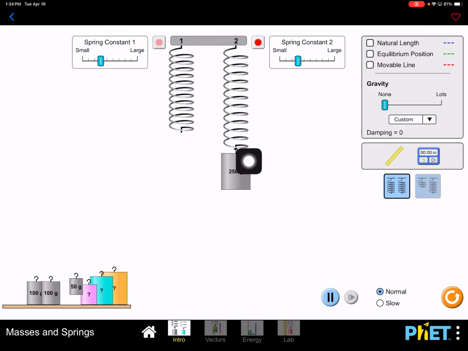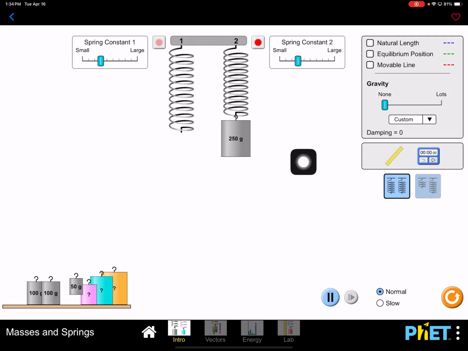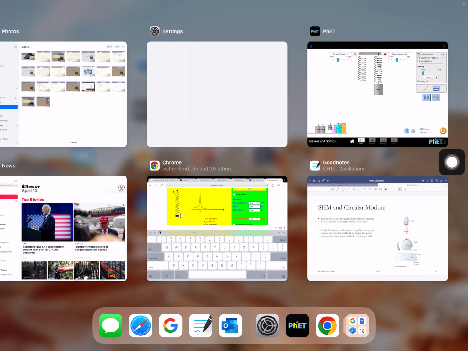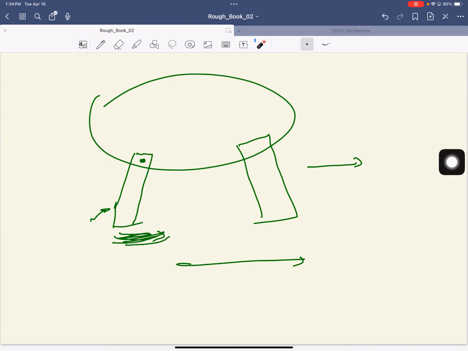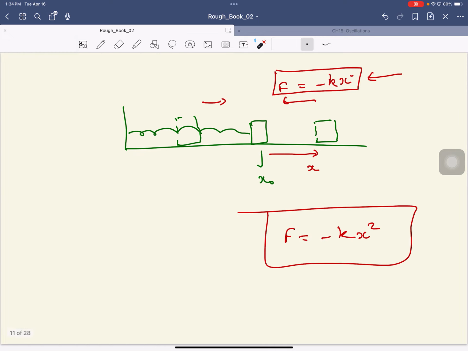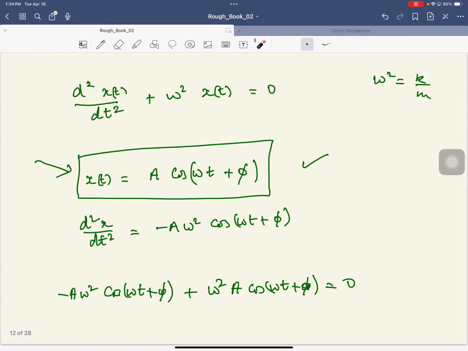It's simple harmonic motion if the restoring force is proportional to the displacement and the position is given by a sine or a cosine function. And then the period is independent of the amplitude.